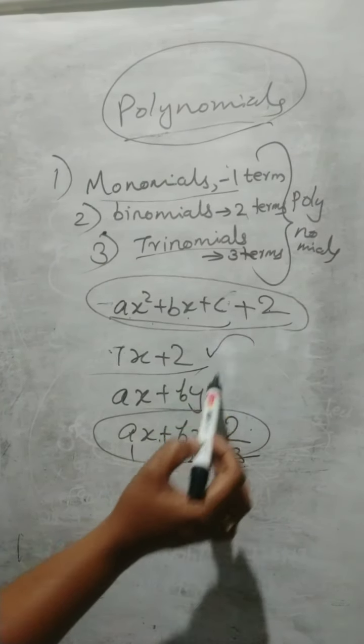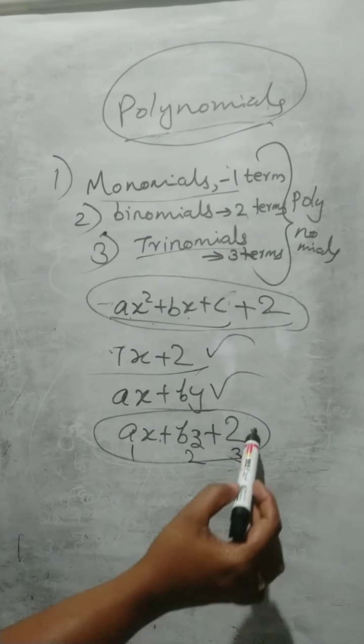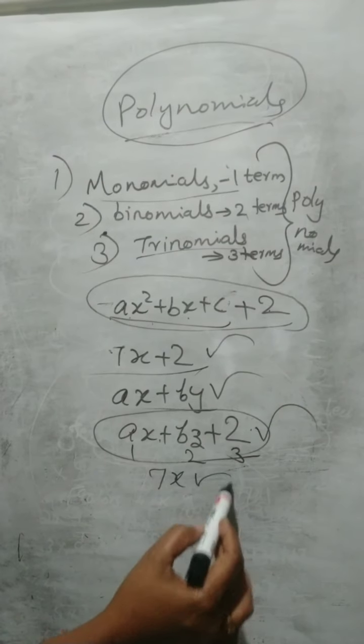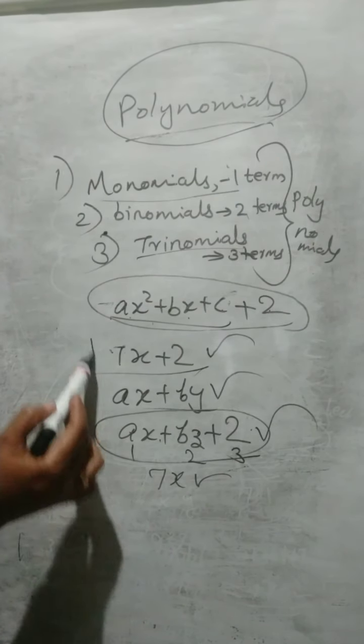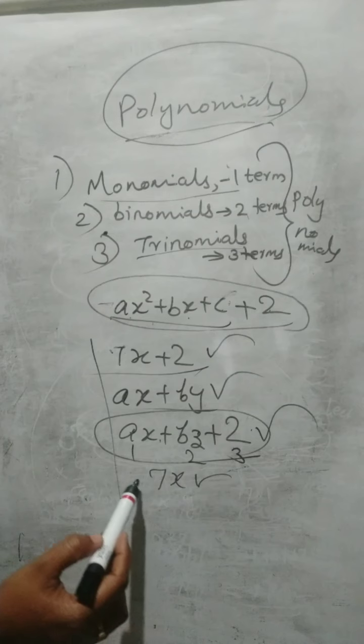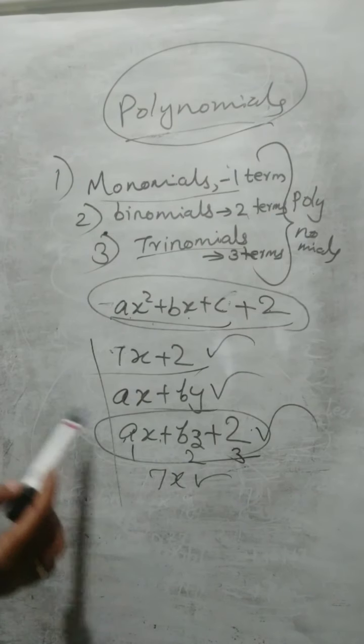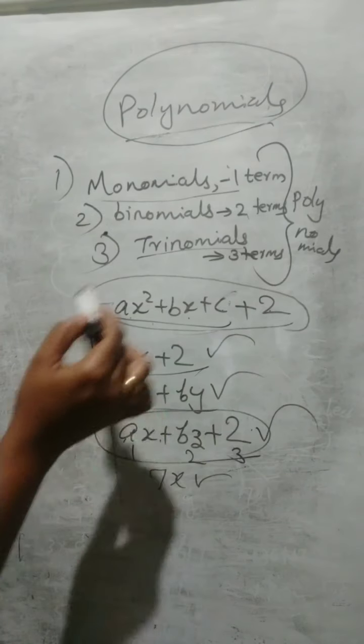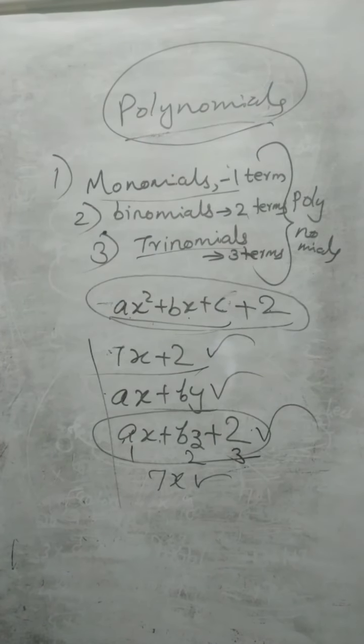This is a polynomial, this is also a polynomial, and 7x is also a polynomial. But here we can separate them: monomial, trinomial, binomial, binomial and so on. But here this is a polynomial.